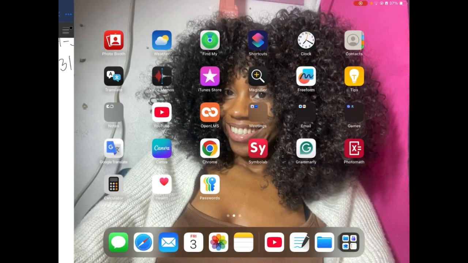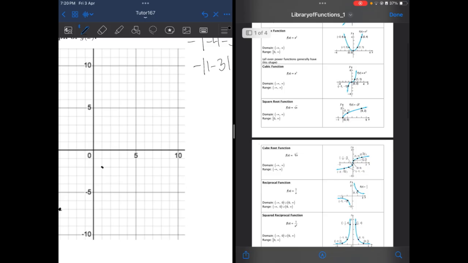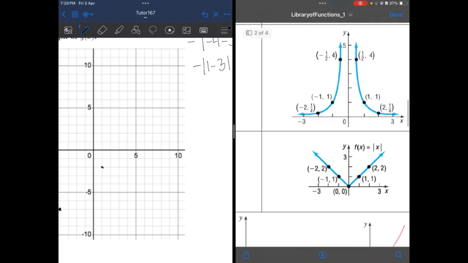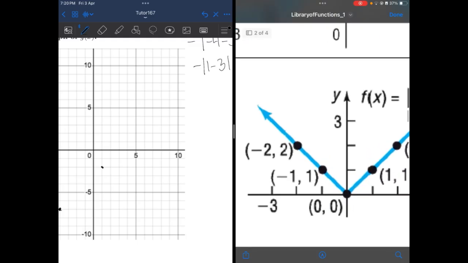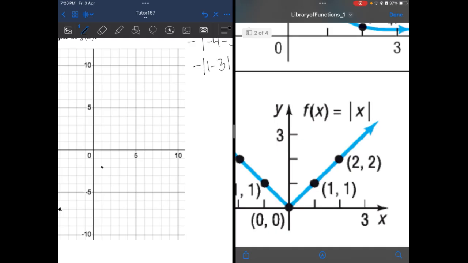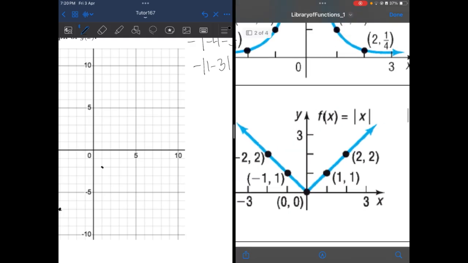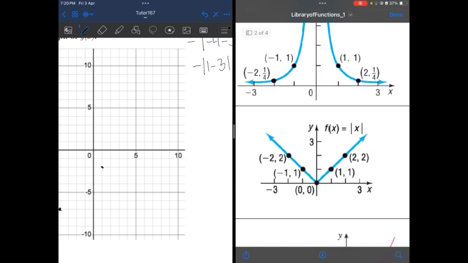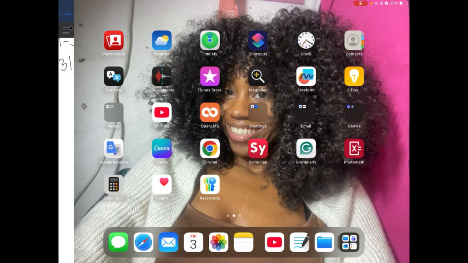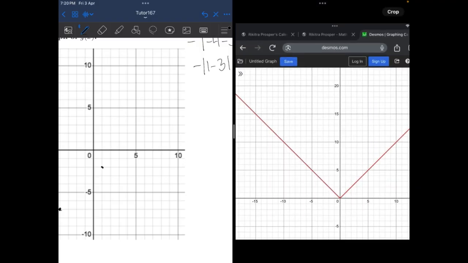So let's take a look at our absolute value graph, right? If we look at the absolute value graph, we can see that it goes in terms of 1, 1, and then 2, 2, and then it would be 3, 3, and then 4, 4, and then 5, 5, and then 6, 6. So this is how our absolute value graph looks on decimals.